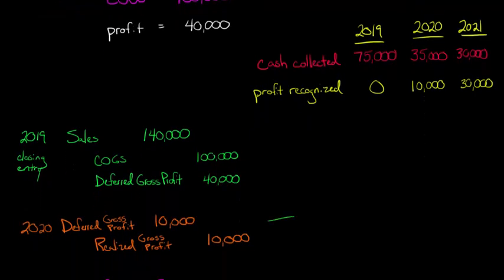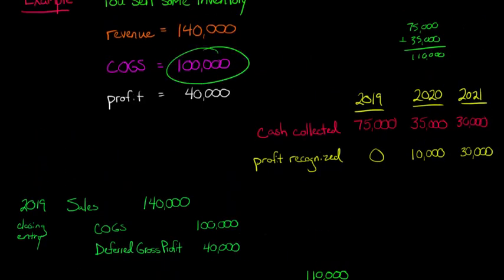Why $10,000? Because we take the $110,000 in cash we've collected and subtract out the $100,000 cost of our item. We've made that $100,000 back, and we've got $10,000 extra in cash collections. So now we can recognize $10,000 worth of profit because we've met our cost rule. We've got at least our cost of goods sold back.